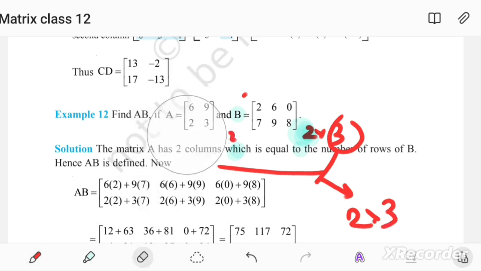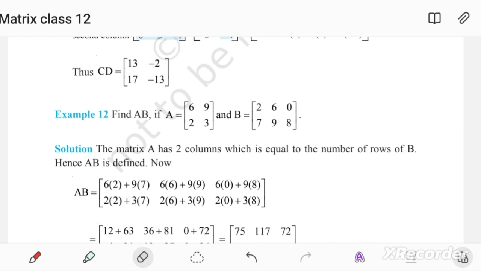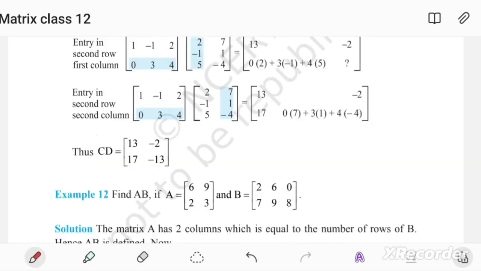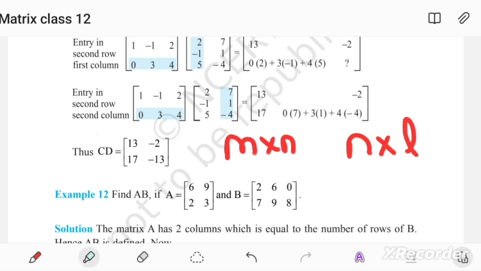This is a very important concept. Whenever you are going to multiply two matrices, you first have to check whether the multiplication is defined or not. Let me give you a more general example. Suppose that we have one matrix of order m cross n and another matrix of order n cross l.